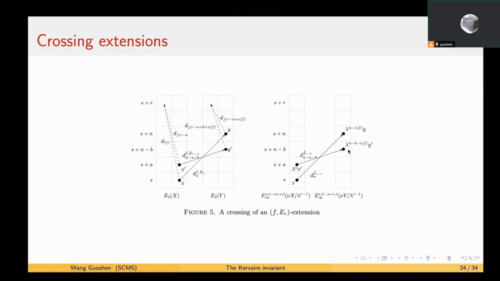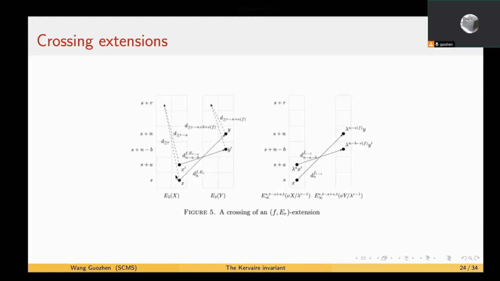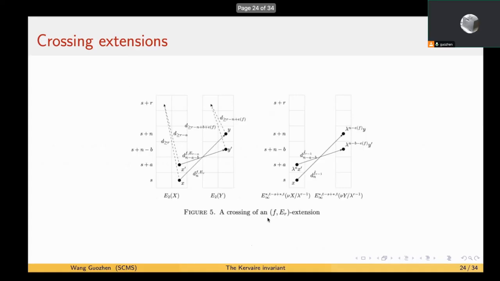And moreover, we require that y prime is not hit by a differential starting essentially from the filtration of x or one lower, depending on EF being 0 or 1. So that's a crossing extension.